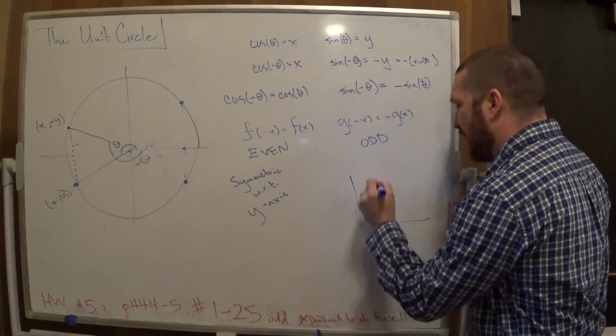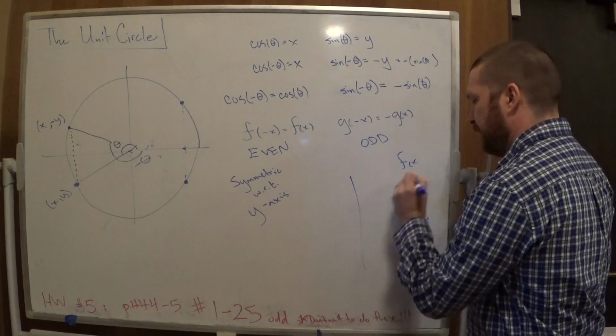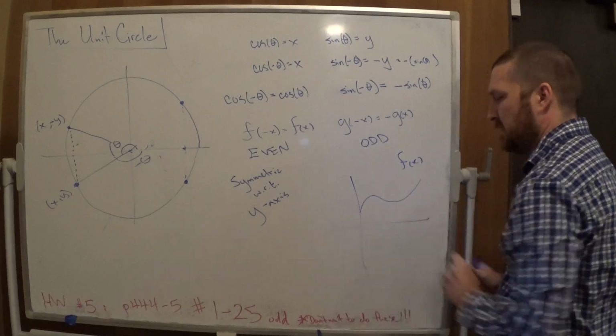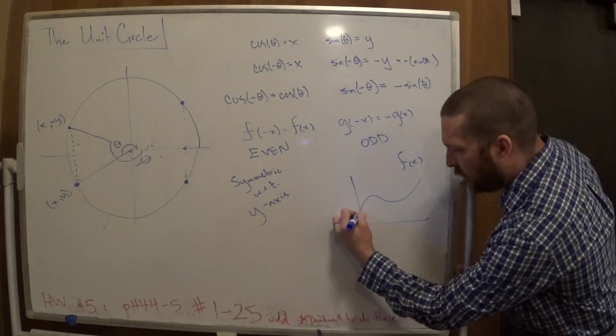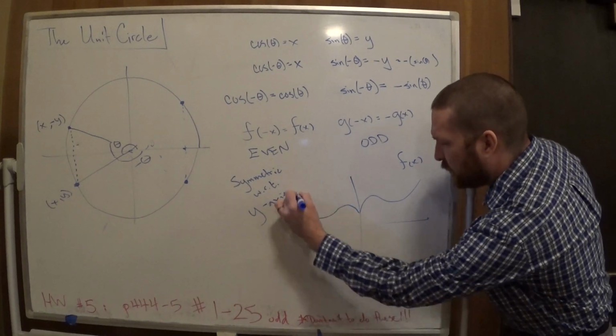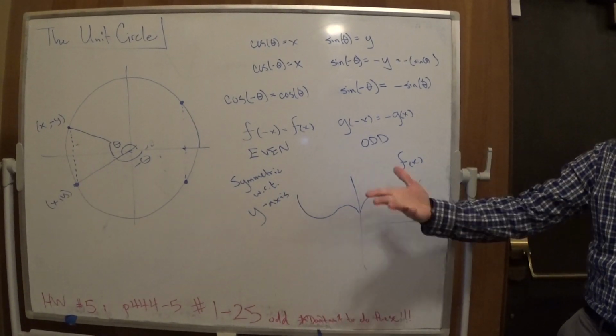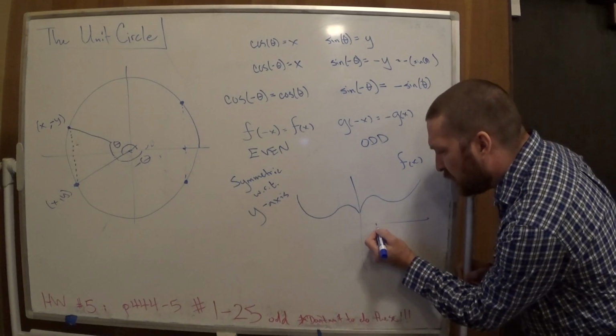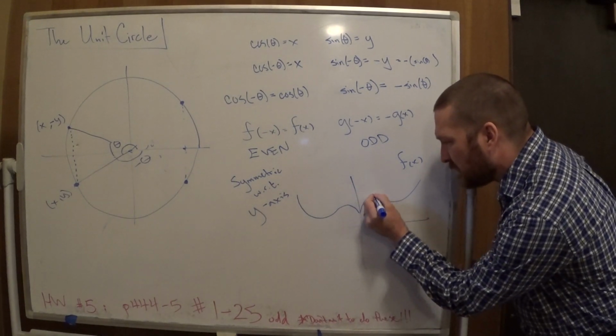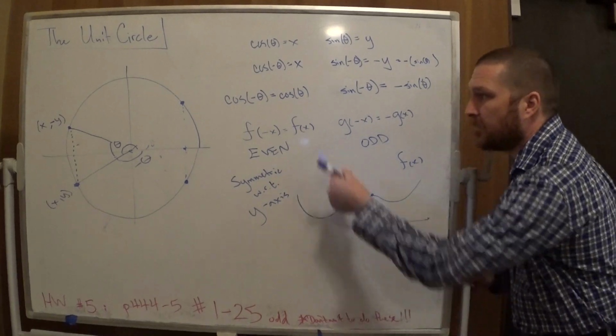If I know that f is even, and it does this, then I know that it's reflected about this way. That looks terrible, but you get the idea, right? It's like a reflection, it's symmetric that way. Why? Because this says if you go to x and plug it in, you get some output f of x.